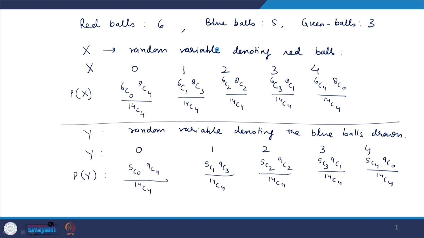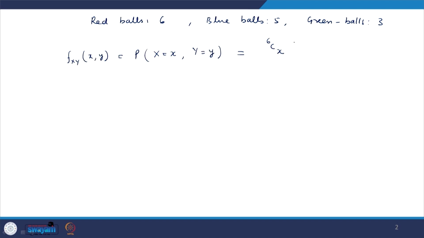Y is the number of blue balls, and blue balls are 5, so it is 5Cy. We have taken out x plus y balls, but we need 4 balls, so the remaining balls we take from the 3 green balls. The total number of balls collected is 4, and the total number of cases is 14C4.